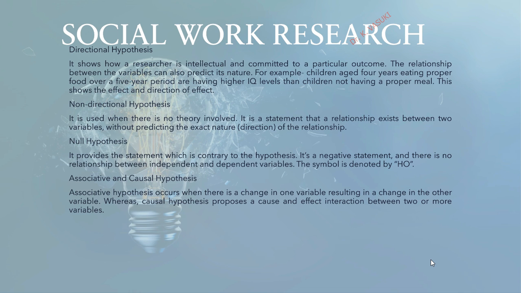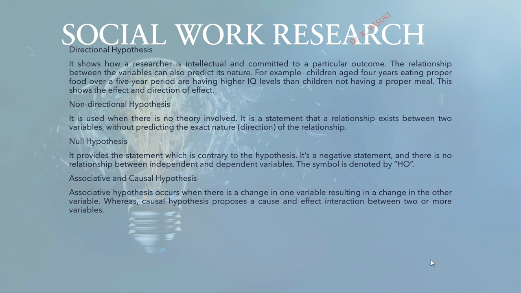A non-directional hypothesis is used when there is no theory involved. It is a statement that a relationship exists between two variables without predicting the exact nature of the relationship. In directional hypothesis, we have a reference, a theory.